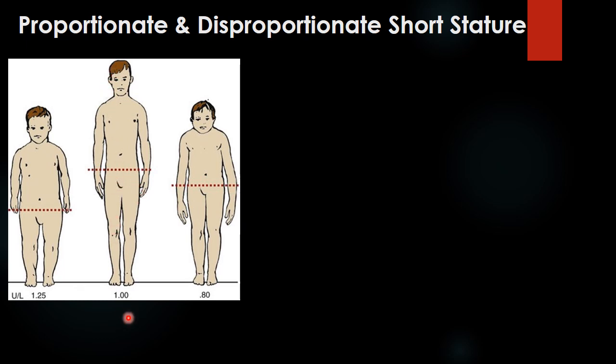The upper segment denotes the length of the trunk, and this is from the vertex to the pubic symphysis, and the lower segment is from the pubic symphysis to the plantar surface of the feet. The lower segment is actually the measure of the limbs, and the upper segment is the measure of the trunk, and the upper segment is measured by taking what we call the sitting height.